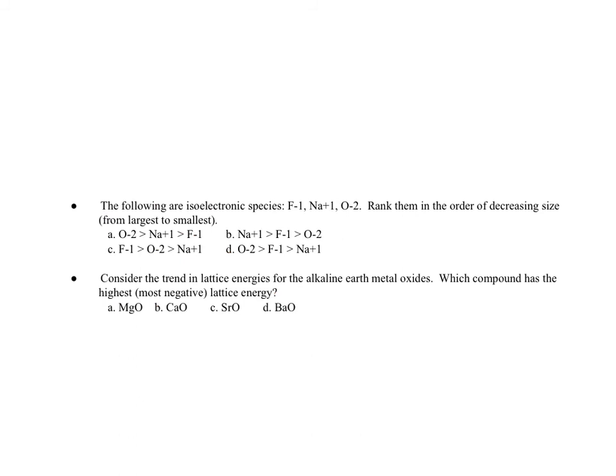Okay, so in this first question it says these are all isoelectronic. I didn't use that term in class, but isoelectronic simply means they have the same electron configuration. So that means that the fluoride ion, right, has the same electron configuration as sodium, as oxygen, right? The electron configuration we're talking about is that of neon.